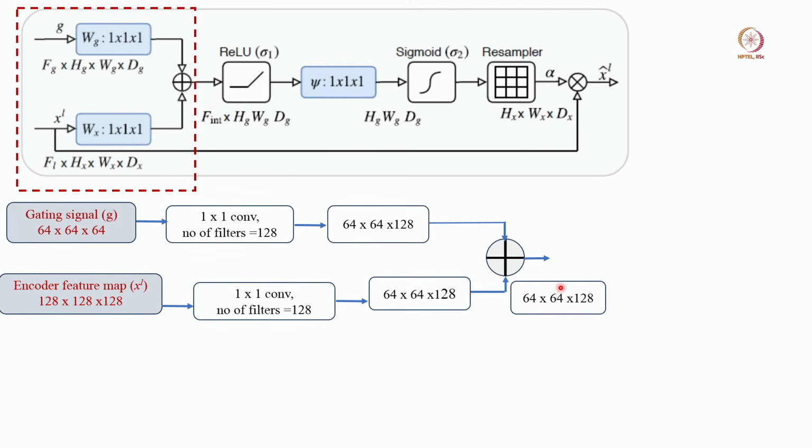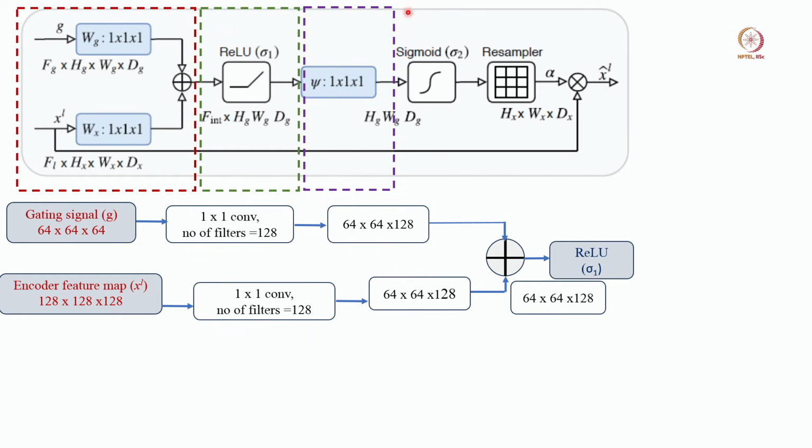Whatever output we get goes through the ReLU. ReLU, we all know, changes the negative values to 0 and increases linearly with whatever positive values are there. So the ReLU activation function is a nonlinear activation function through which whatever weights you have got are passed.